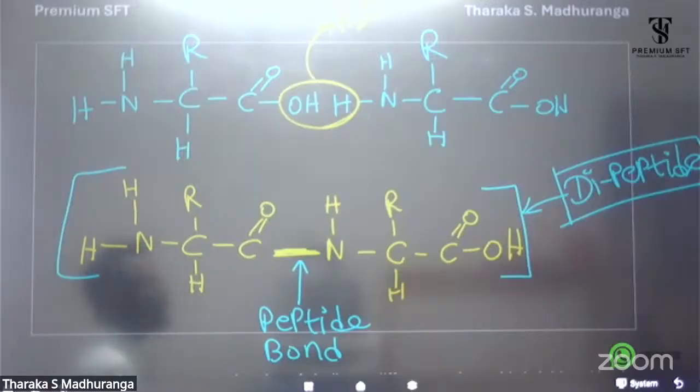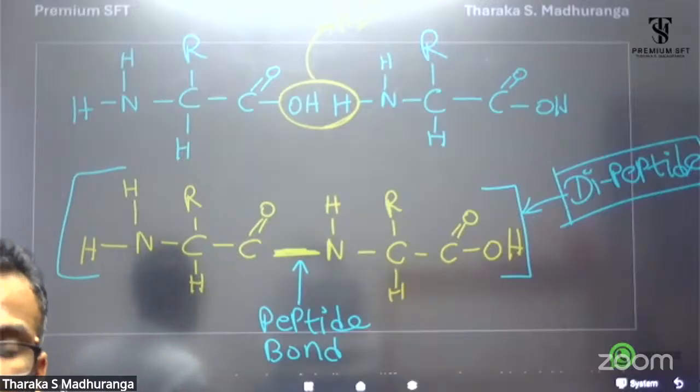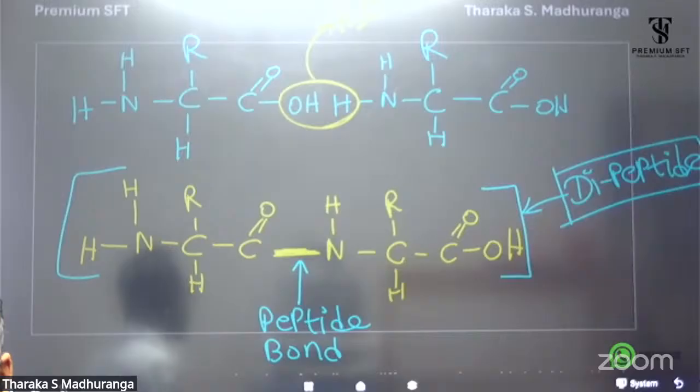Okay, today I hope to complete the whole part of proteins. Next week, meaning coming Tuesday, we can discuss our paper first and complete enzymes. Enzymes are also a very important part. Today let's try to complete at least proteins with protein structures.